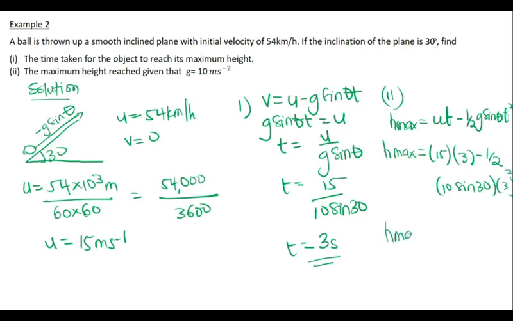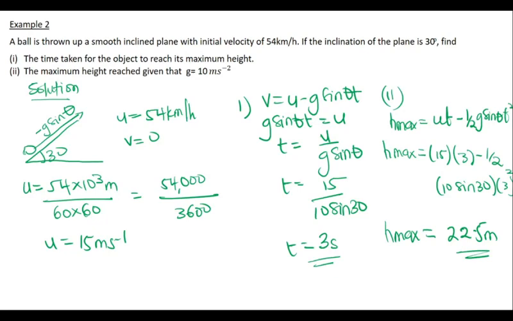If we input everything into the calculator, we get 22.5 meters. So the maximum height the body was able to reach for this example is 22.5 meters.